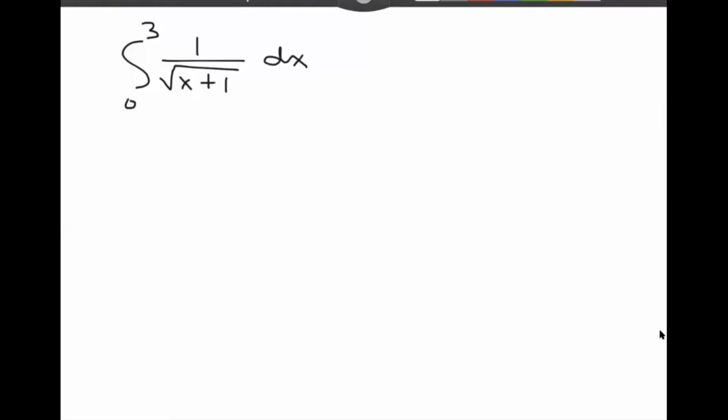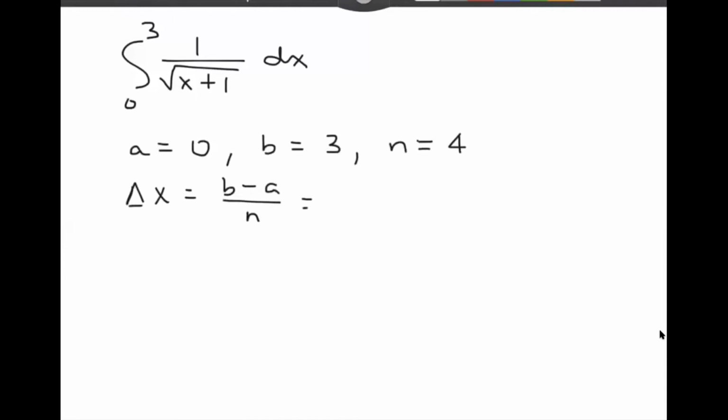All right, in this problem, a is 0, b is 3, and they told us to use n equals 4. So that means delta x, which is always b minus a over n, will be 3 minus 0 over 4, which is 3/4, aka 0.75.